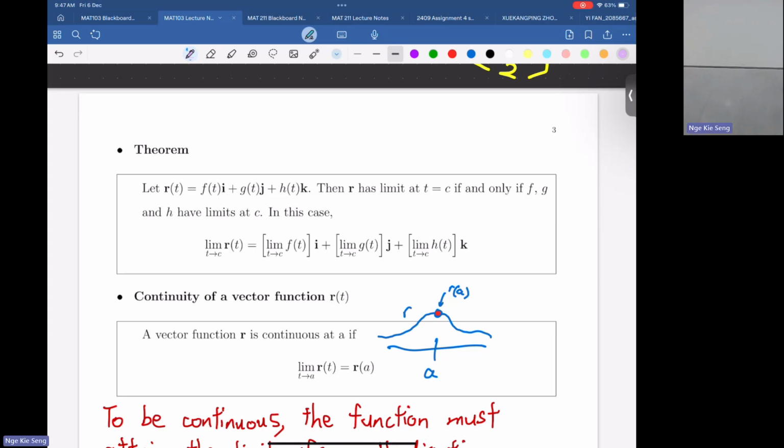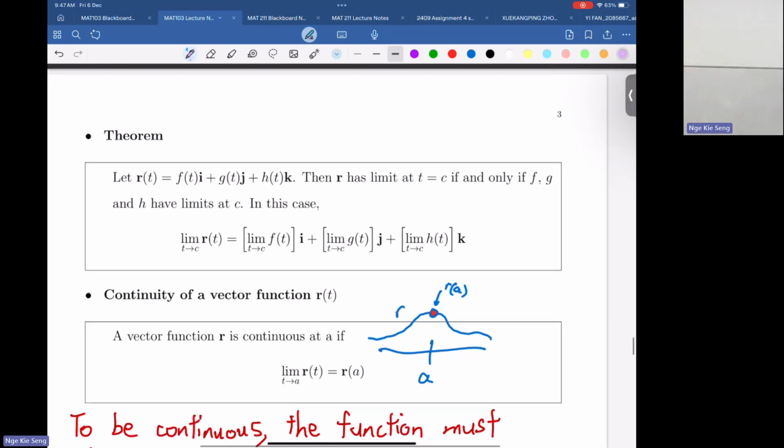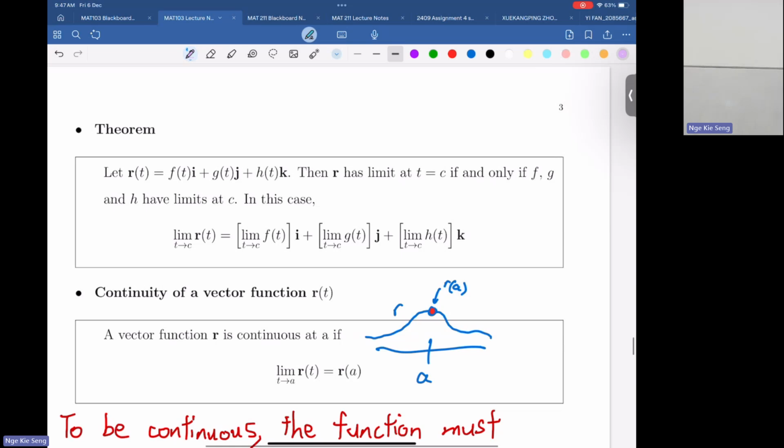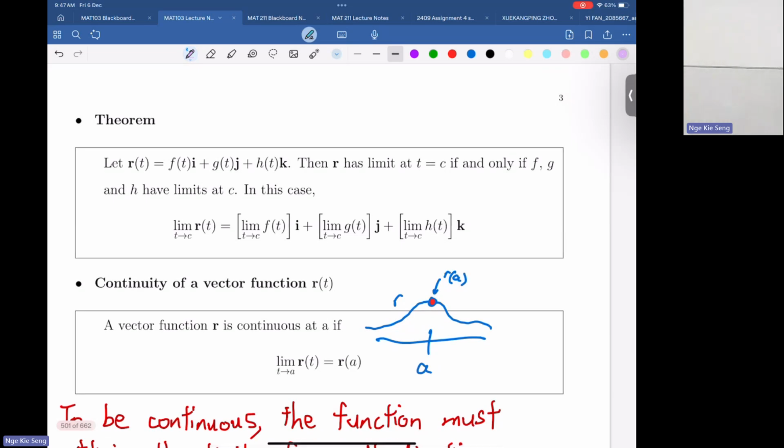You just take the limit at each coordinate function. And similarly, if you want to have continuity on your vector function, you just check that these separate limits will converge to where? Converge to the point where you evaluate your vector function at a, the point you're interested in. It's the same. So you just need to check in 3 separate coordinates.